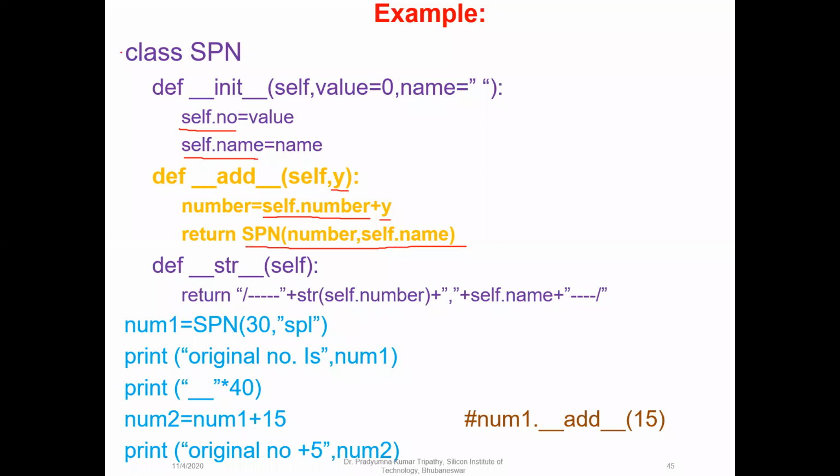I have defined this one. I am creating an object of this SPN class, an object norm1, by passing the value 30 and some name. So 30 will go to this value, and this name will move to this name.